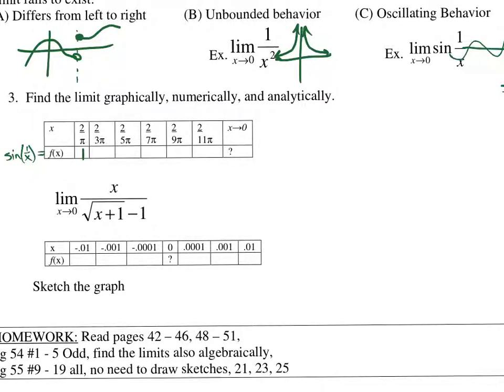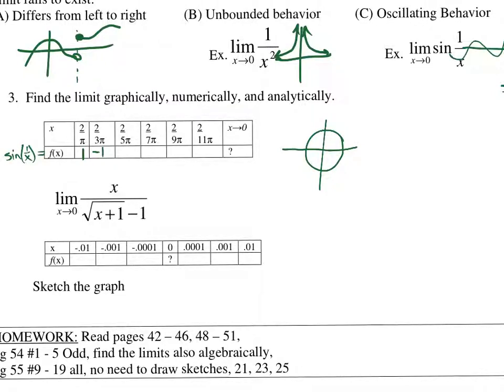If I take 1 over 2 over 3 pi, it's 3 pi over 2. What's the sine of 3 pi over 2? Negative 1. Hey, listen, if you don't remember your unit circle, you need to go back and review, because that's going to show up a lot.